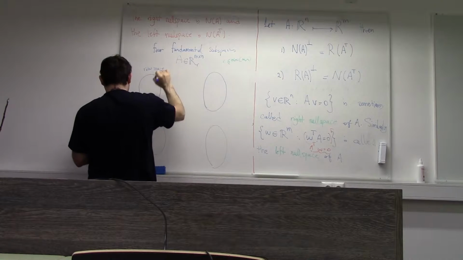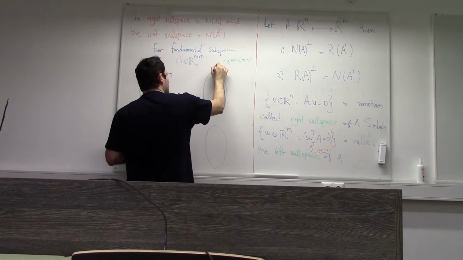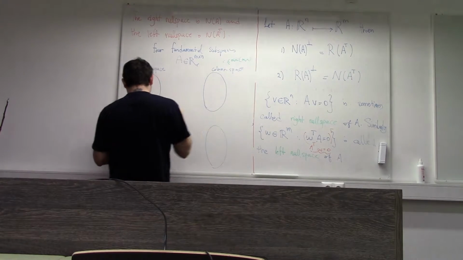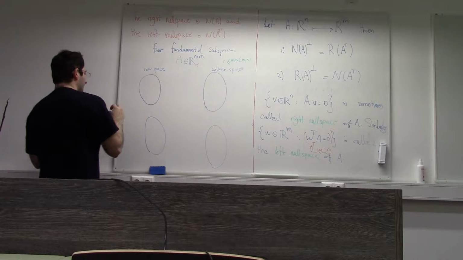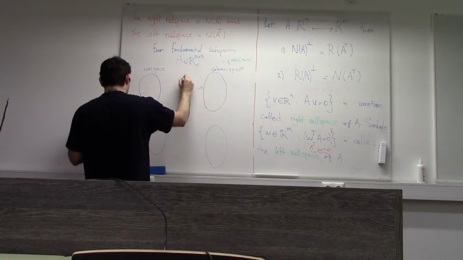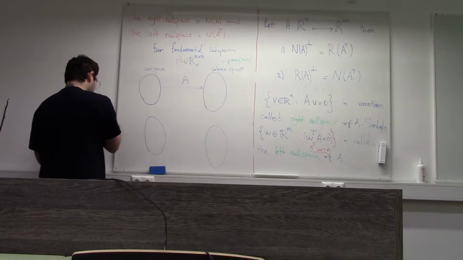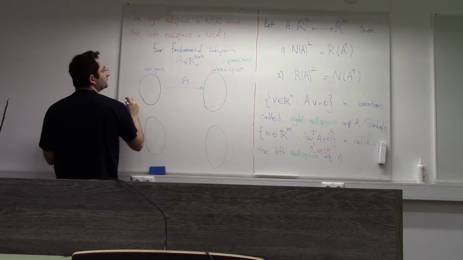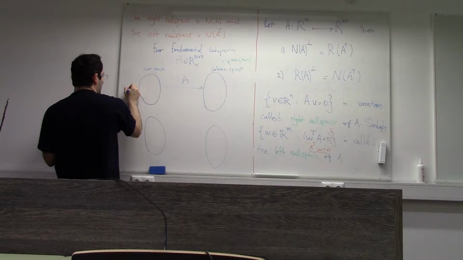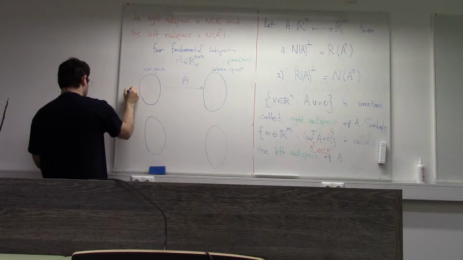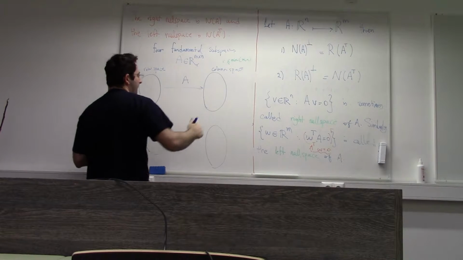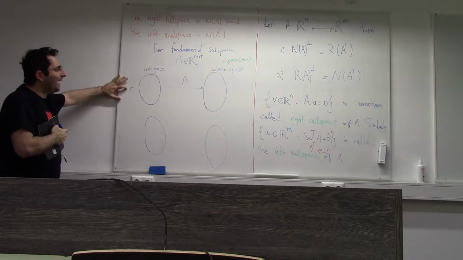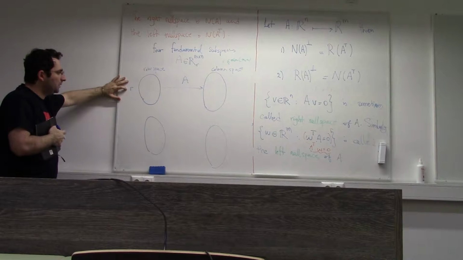Row space, column space. The rank is R. Okay, the rank is R.